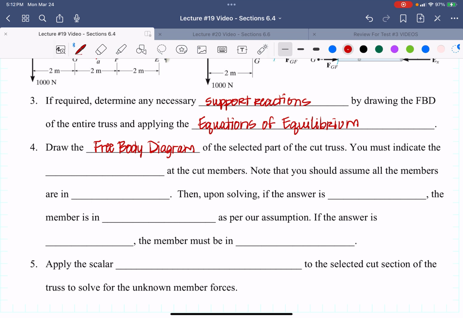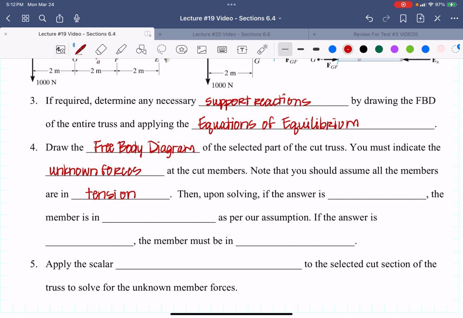So we have to indicate the unknown forces at the cut members. Note that we should always assume all the members are in tension. We're always going to assume in tension.